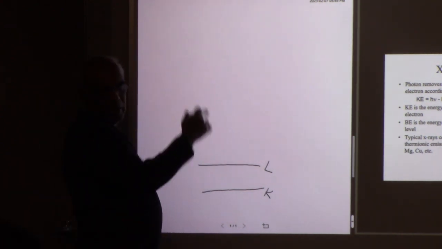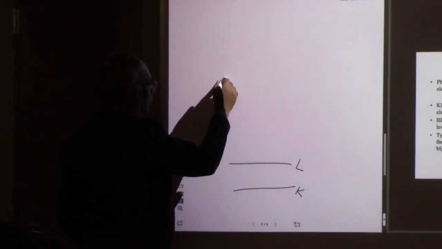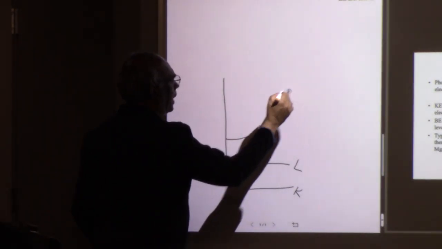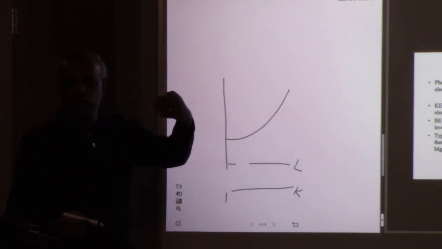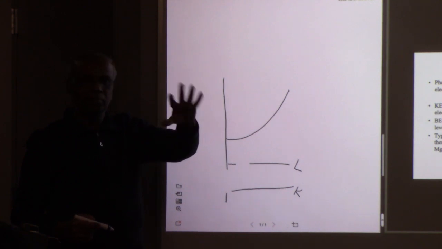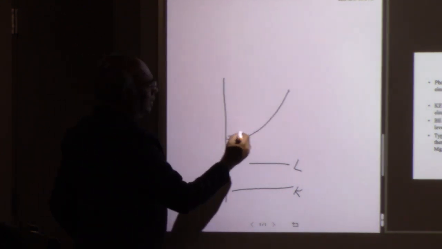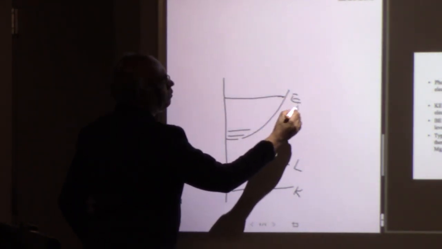K, L, M like that. These are the core electrons. Then we have something called the valence band. The valence band is the outermost electrons, right? That's where your electrons can be promoted to the conduction band. In the valence band, we know states are filled up to the Fermi energy, right?